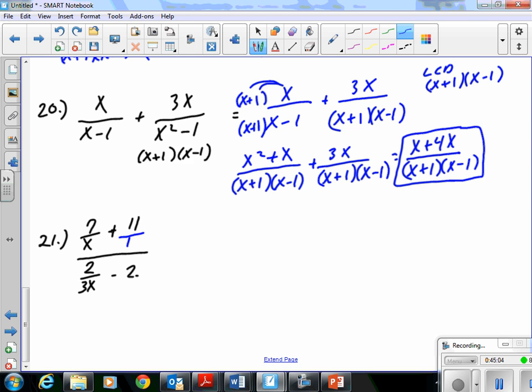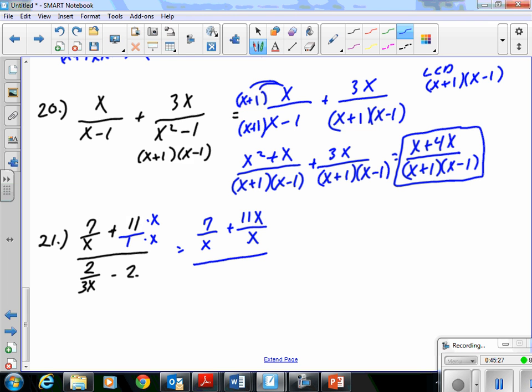So 7 over x plus 11 over 1, 1 times x would give us x for the common denominator, so I'm going to multiply the top and bottom by x to get an x in that denominator. So that's going to give me 7 over x plus 11x over x.